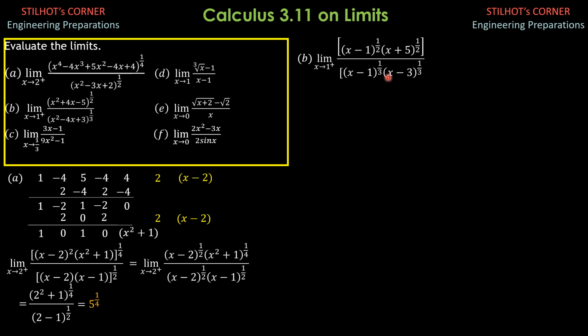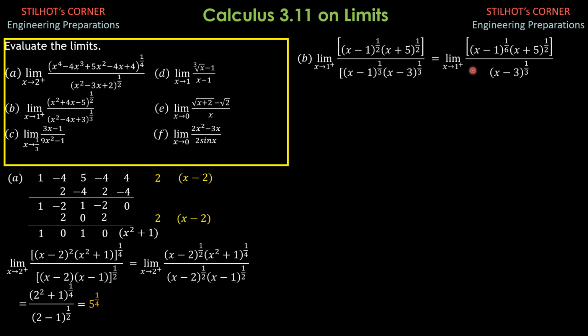So these two are like terms, but they have different powers. So 1/2 minus 1/3 is 1/6. So this is now equal to limit as x approaches 1 from the right of quantity x minus 1 to the 1/6 times x plus 5 to the 1/2 all over x minus 3 to the 1/3.